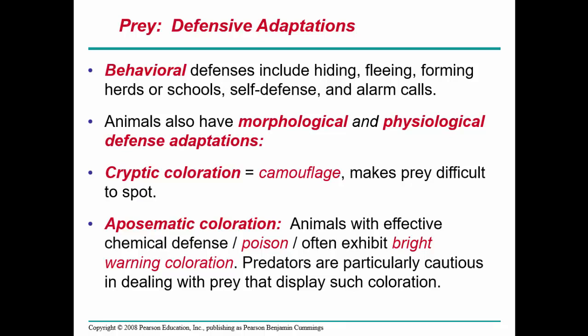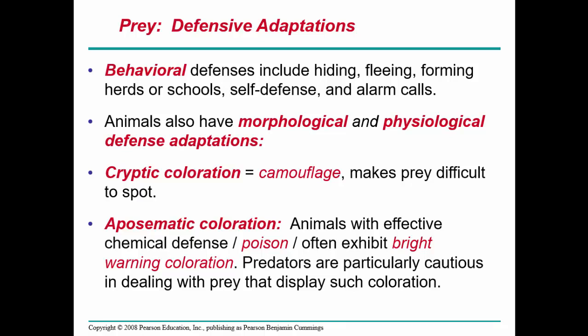And then we also have what we call aposematic coloration. What is that? It's a group of animals with the ability to have a chemical in their body, and this chemical acts as poison.